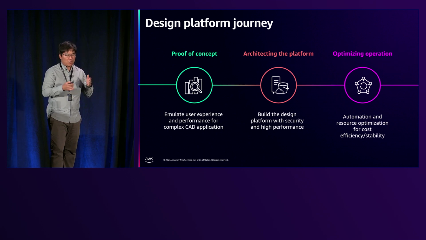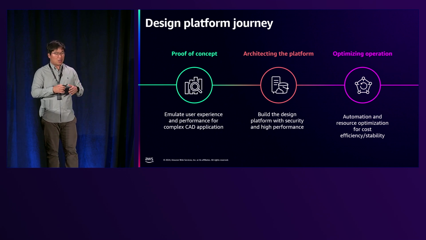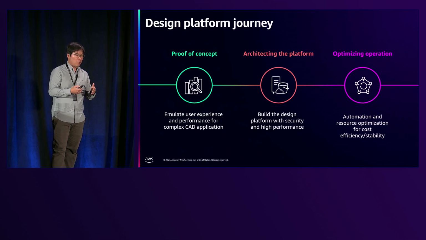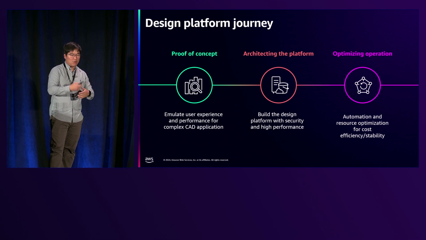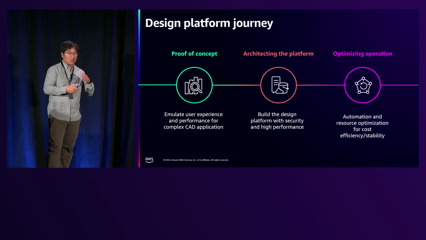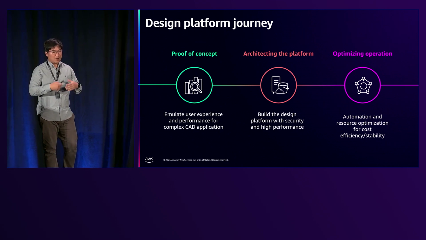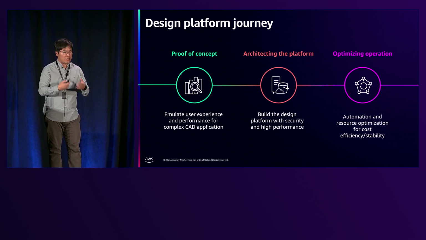In the architecting and prototyping stage, we keep checking that our platform is good for the user, meeting security requirements and delivering high performance for the user experience. We keep iterating on our prototype and verifying whether it meets those requirements. After we verified, we optimized the operation.